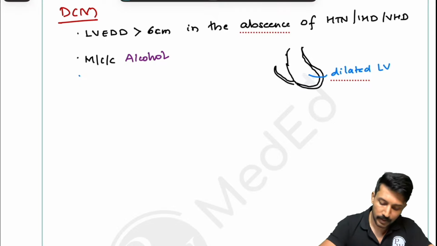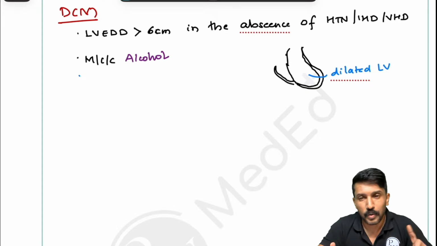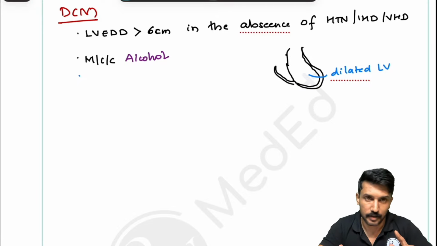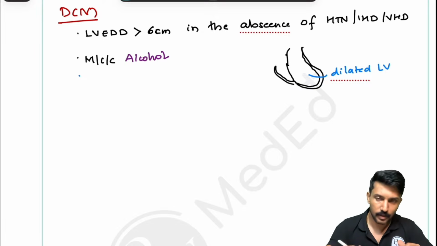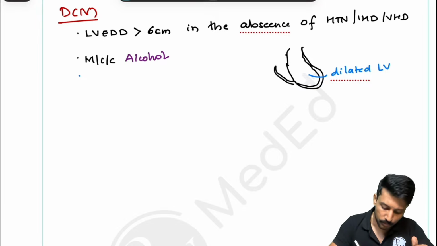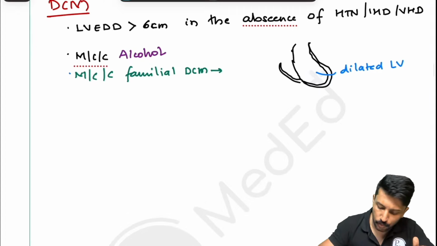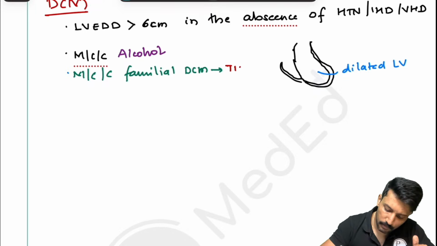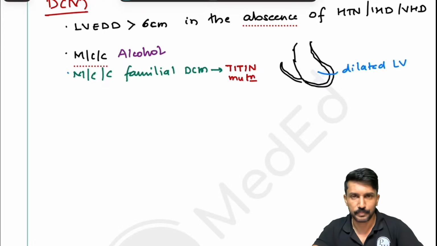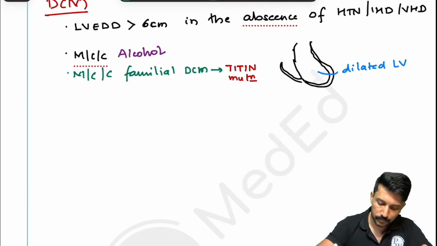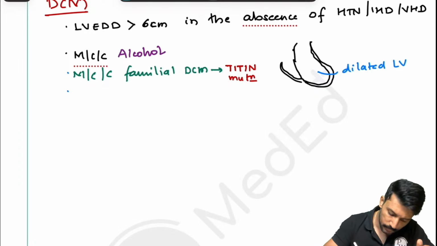But the question that they will ask is, what is the most common cause for familial dilated cardiomyopathy? Most common cause is alcohol, but if it is inherited, what is the most common cause? There are plenty of mutations. The most common mutation responsible for familial dilated cardiomyopathy is mutation in the titin gene. Other causes include drugs.